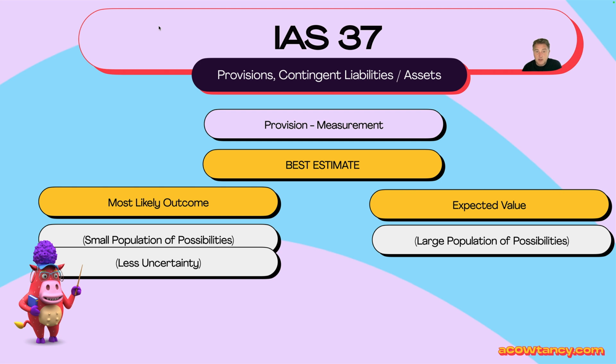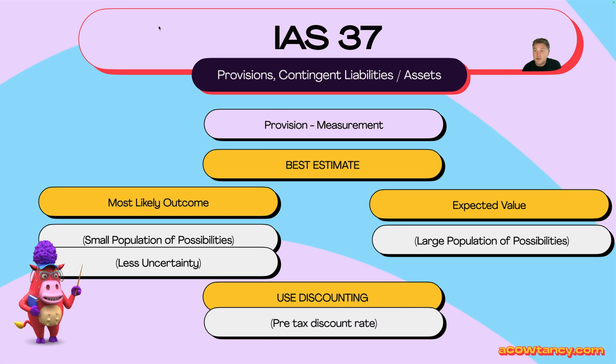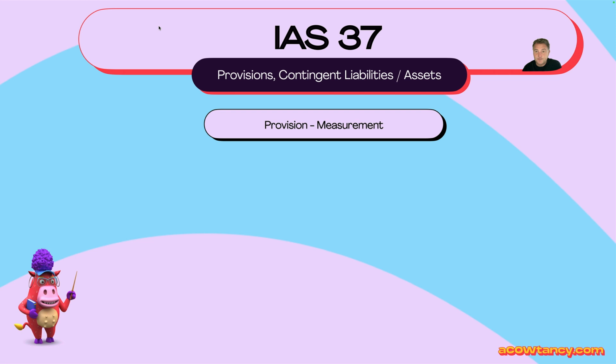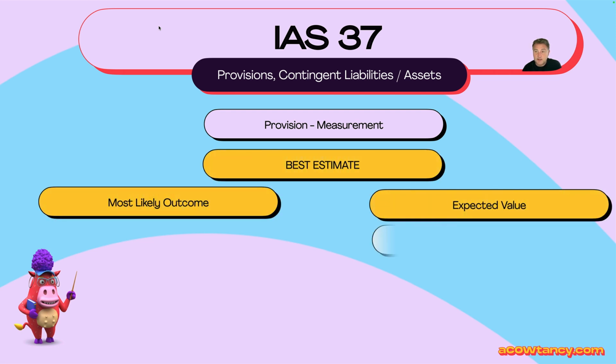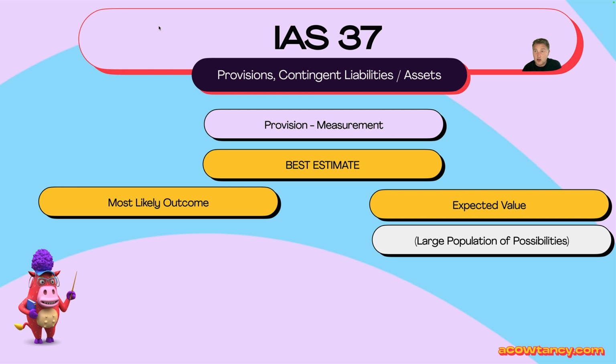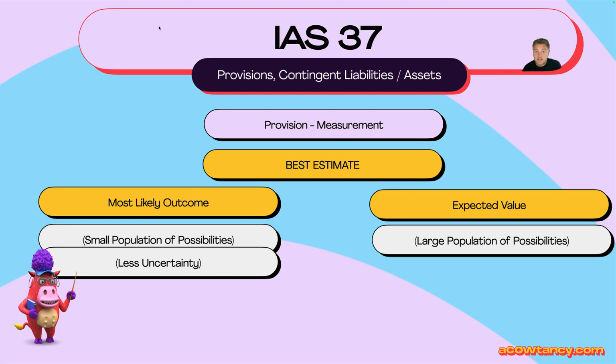So most likely outcome is when you have less uncertainty because there are fewer possible outcomes. Always use discounting if it's in the future, if it's a material amount, and you discount it down at the pre-tax rate in the exam, okay? So, best estimate: expected value when it's a large range of possibilities, most likely outcome when it's a small range of possibilities and therefore there's less uncertainty.